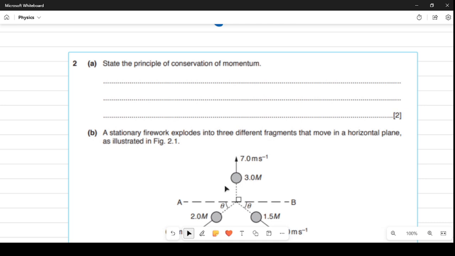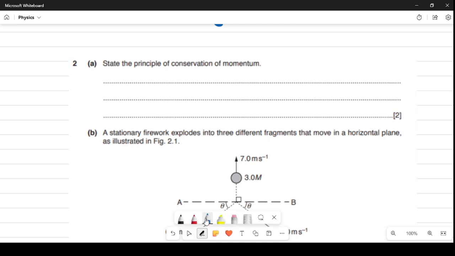Let's move on. State the principle of conservation of momentum. Right.